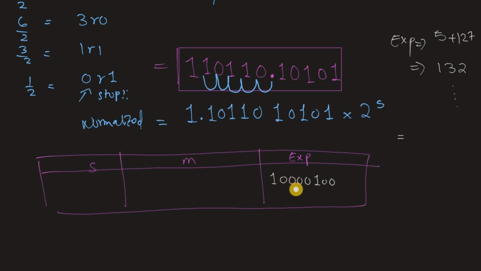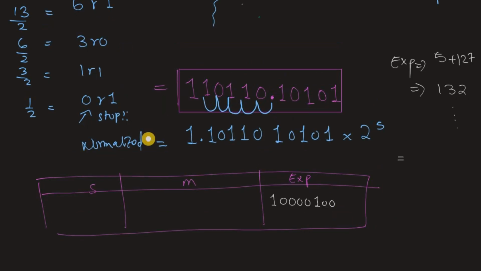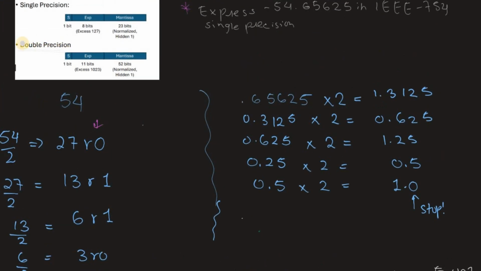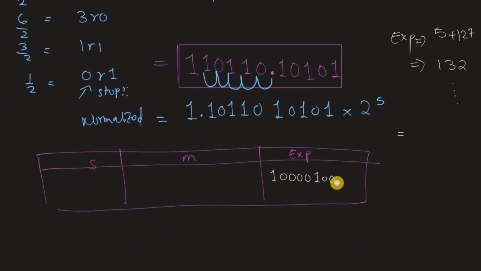We have 1 2 3 4 5 6 7 8. We have 8 and we want 11. Oh wait, I guess I was looking at the wrong thing. I was looking at the double precision. I was supposed to look at the single precision, sorry. Okay, so for single precision we have 8 bits and we already have 8 bits, so we don't need to sign extend it, so we're good.